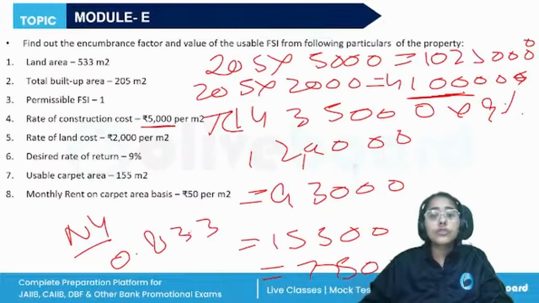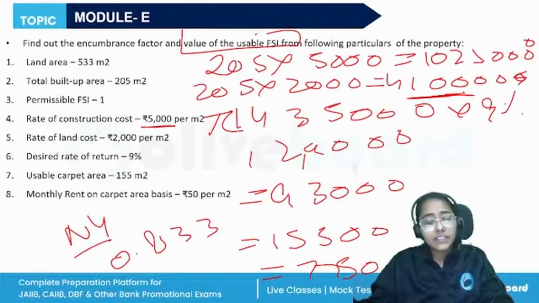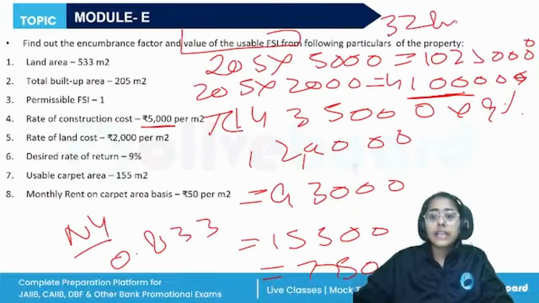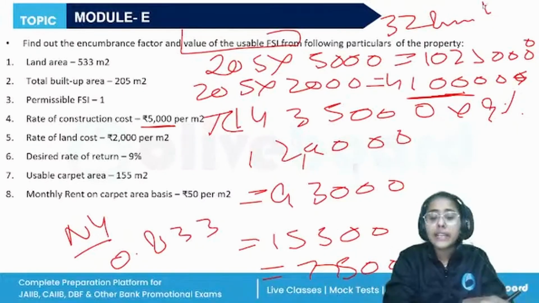Then we also need to calculate the value of the usable FSI. Simply, we will subtract the total built up area from the land area. So 533 minus 205 will be 328 meters square. And for the value of the usable FSI, we have calculated the encumbrance factor at 0.833.